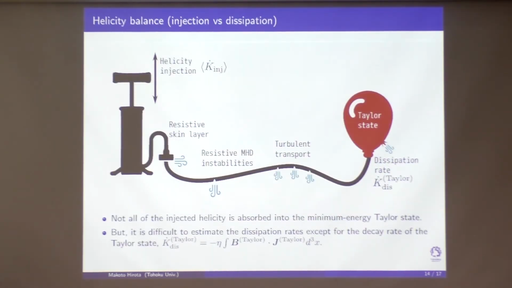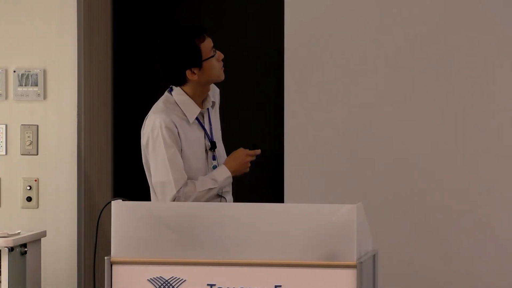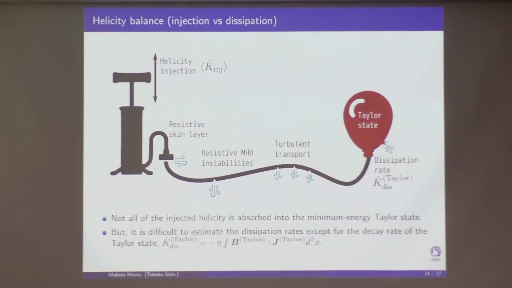And so finally, I want to make some theoretical prediction about the magnitude of this Taylor relaxed state. As a theoretical model, I considered helicity balance, which means the helicity injection versus helicity dissipation. Clearly, we inject magnetic helicity at the boundary.